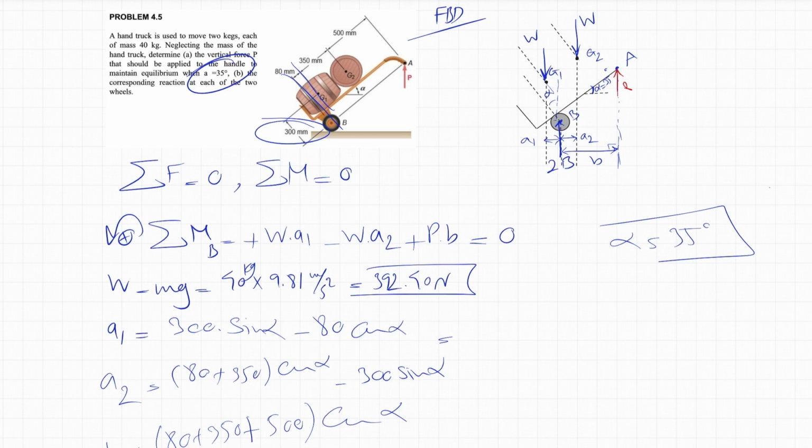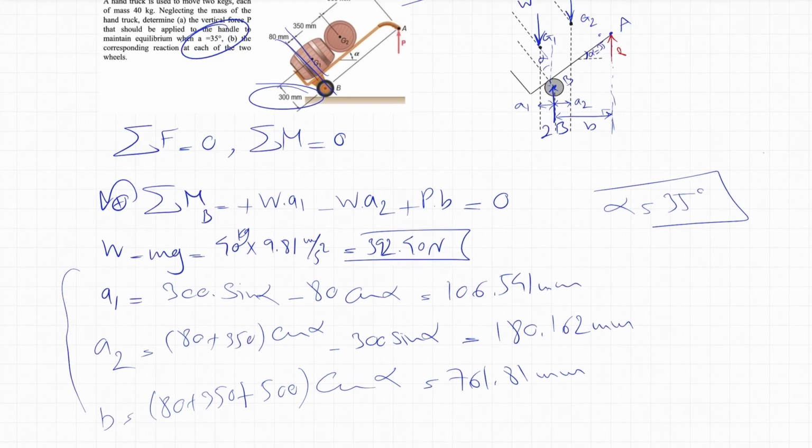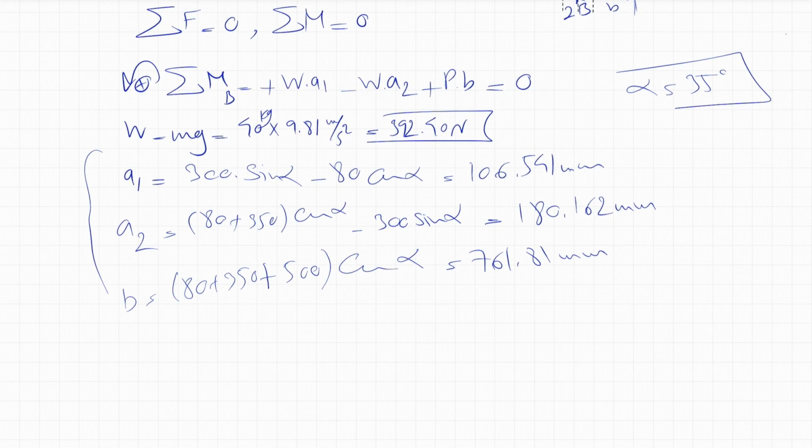If we consider alpha 35 degrees from the question, we can get A1 as 106.541 millimeter. For A2, we'll have 180.162 millimeter, and for B, we'll have 761.81 millimeter.